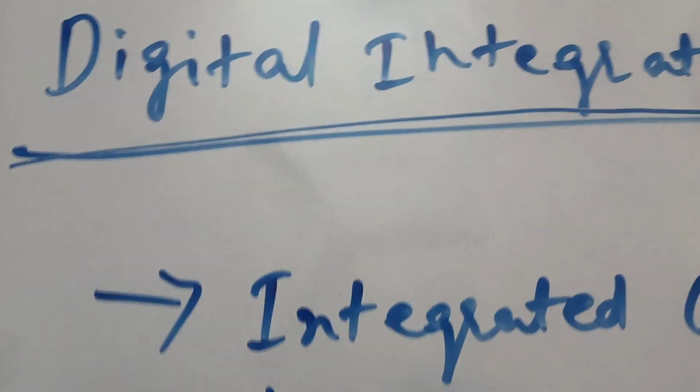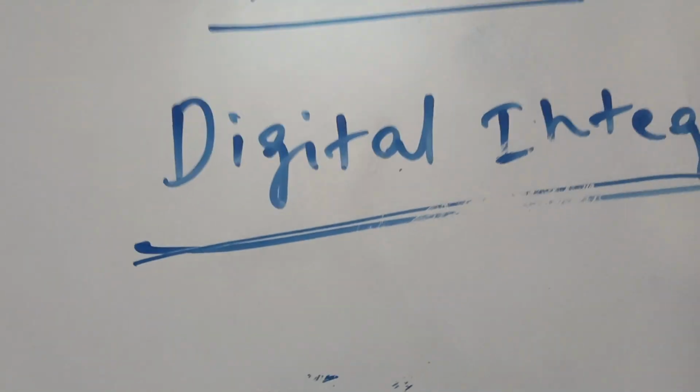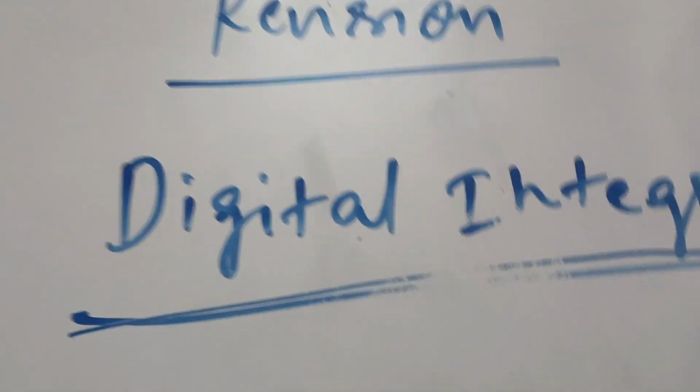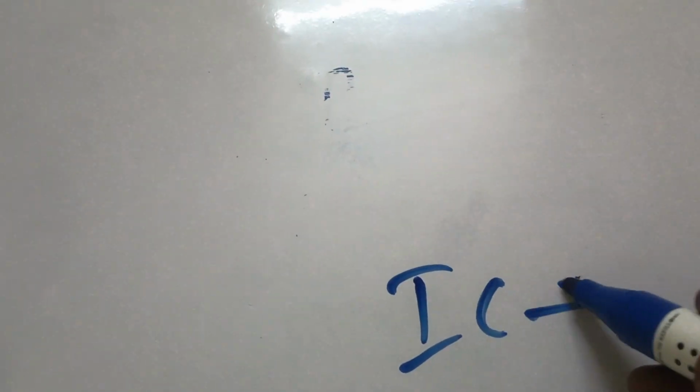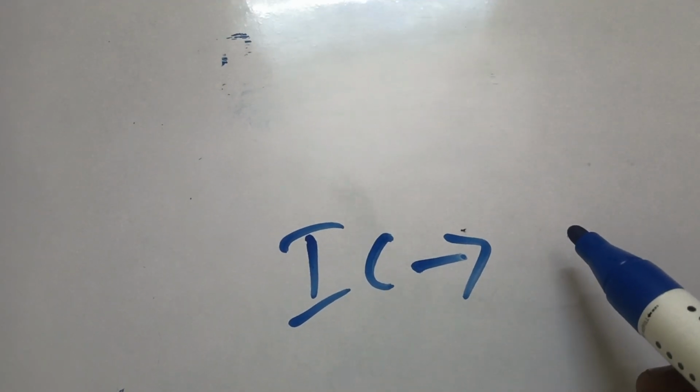Now let's recap one by one. IC. Integrated circuit is also called a small chip or microchip.